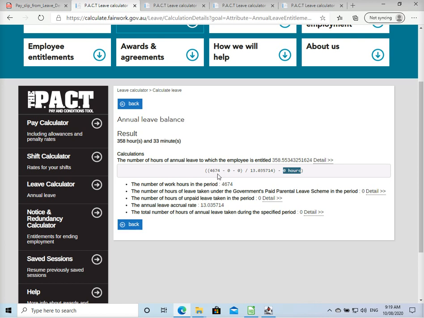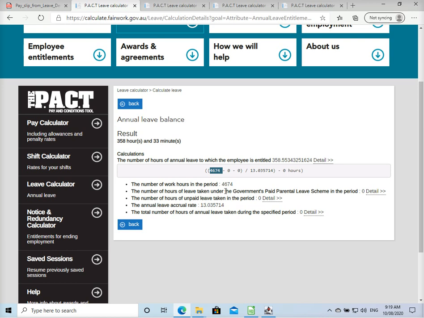And here we can see why there's actually two reasons for the difference. First of all, they've taken the total number of hours over that 2 and a bit year period. That is not correct, because the rule, which is in the National Employment Standards, says you're getting 20 days in the year, and the year doesn't always have the same number of hours.